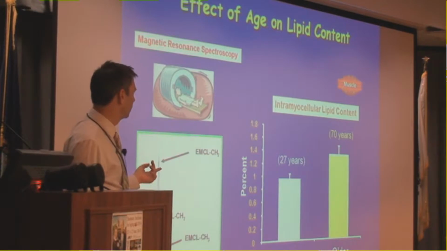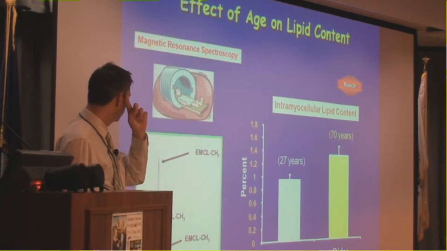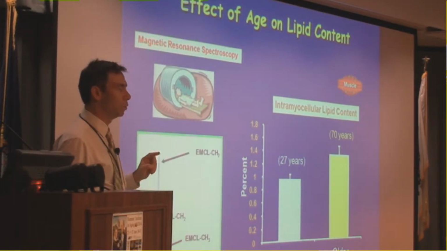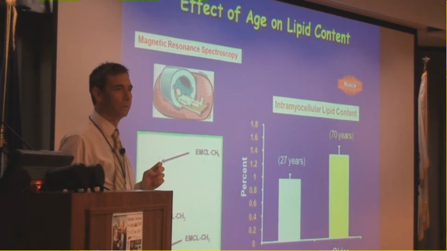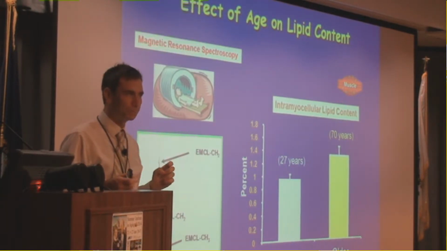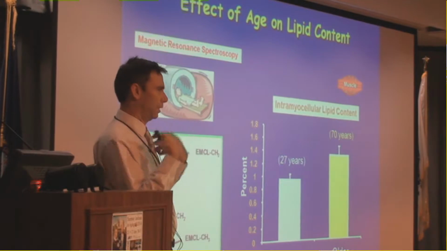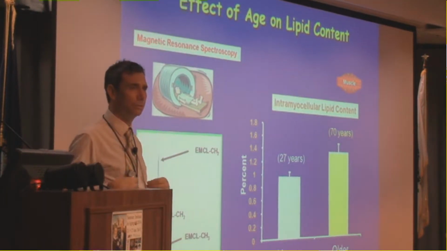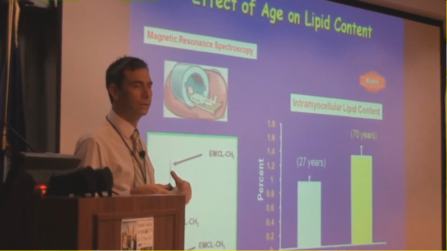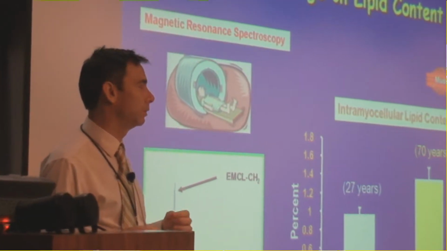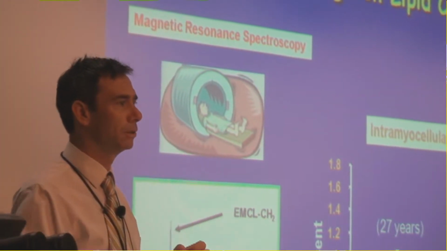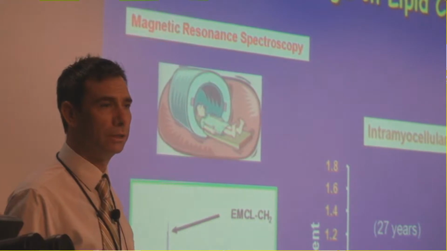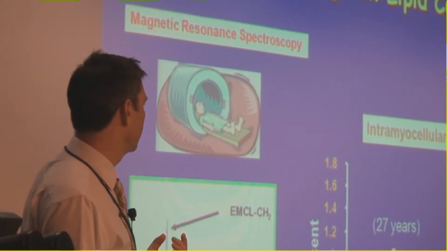So this is a study that was done at Yale University to measure the amount of fat in the muscle of older people. In addition to fat being in the subcutaneous tissue, fat can also accumulate in our other tissues, in the muscle, between the muscle fibers and inside the muscle fibers, or in the liver, inside the hepatocytes.